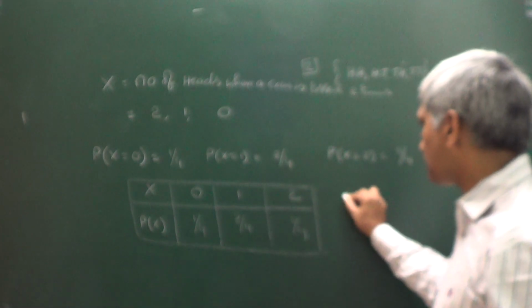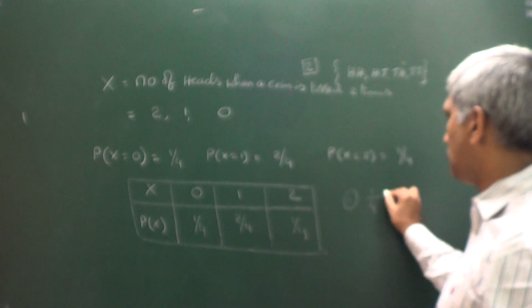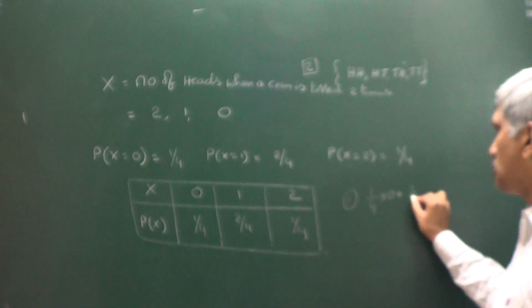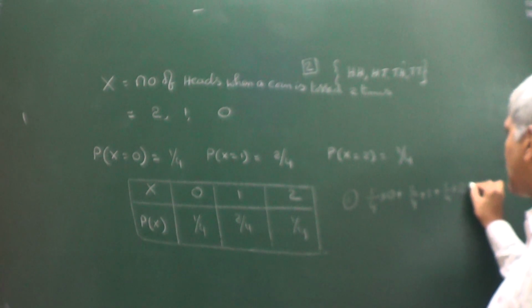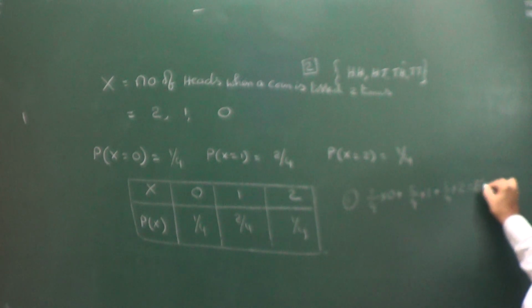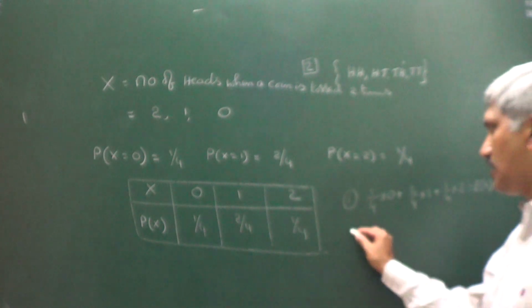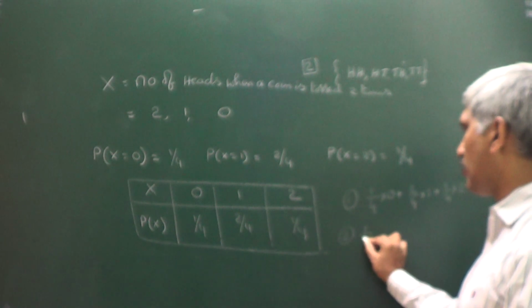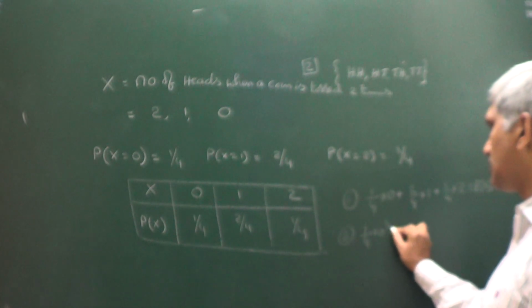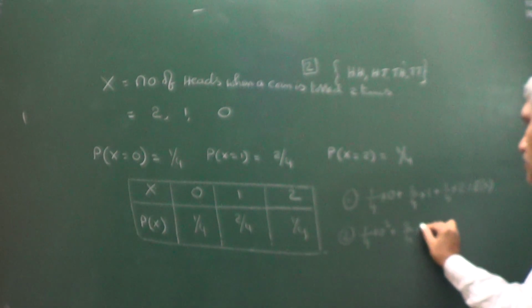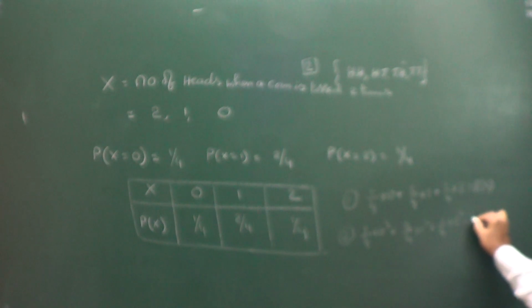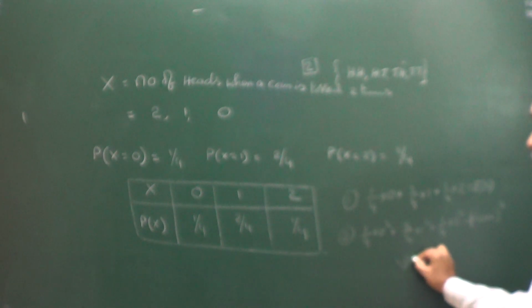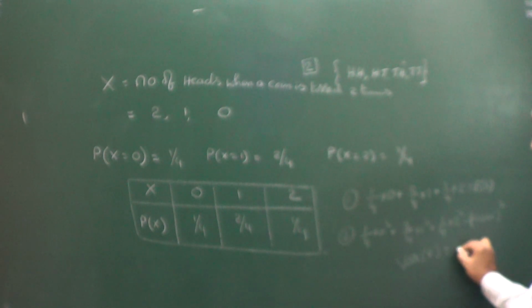At the same time, 1 by 4 into 0 plus 2 by 4 into 1 plus 1 by 4 into 2 is called the expectation of X, which is nothing but the mean of the random variable X. Then 1 by 4 into 0 square plus 2 by 4 into 1 square plus 1 by 4 into 2 square minus mean whole square is called the variance of X, denoted with sigma square.